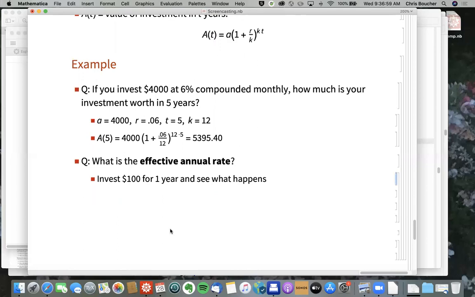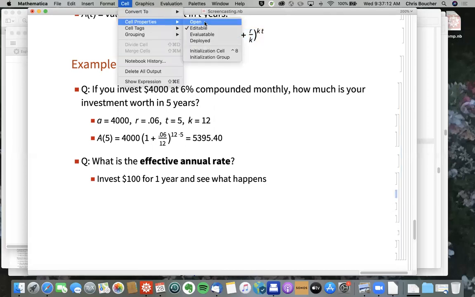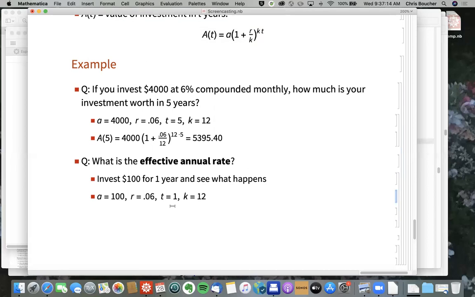Well, there's a formula for it, but the way I like to think of it is just invest $100 for 1 year at the scheme, use this formula to figure out how much it grows to, and you'll be able to see what the percent change is. So for example, here A is 100, and I'm using the same scheme as up above. T now is 1. I'm only letting 1 year go by. But the rate and the compoundings come from whatever the compounding scheme is.